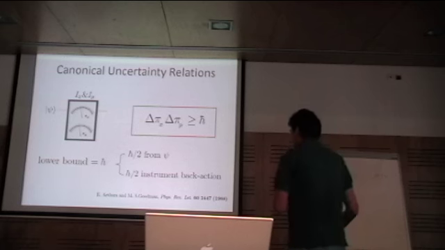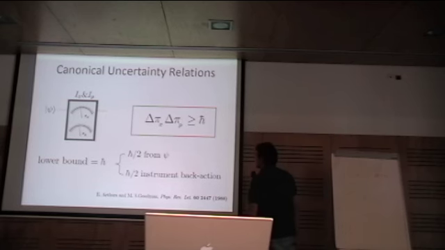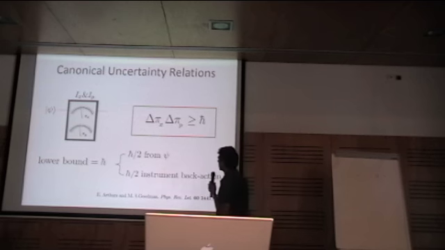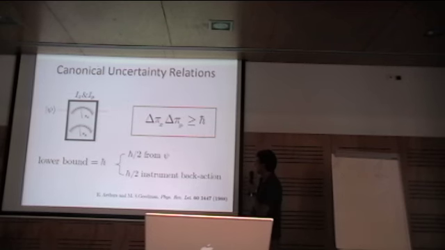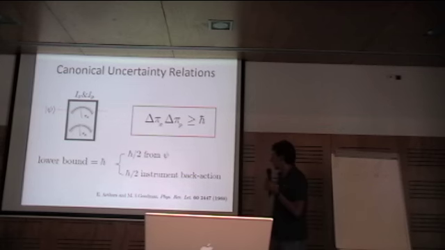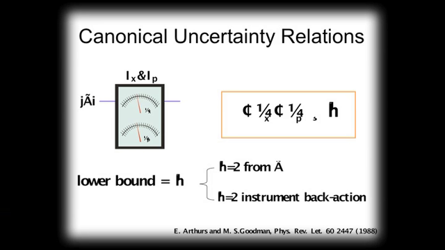Okay, and this has been done by Arthurs and Goodman, and it's actually quite interesting. So what you end up finding is that the uncertainties in the respective marginal distributions are lower bounded by h bar, not h bar over 2. Okay, and heuristically you can think of that result as being the combination of two uncertainties, or two bounds.